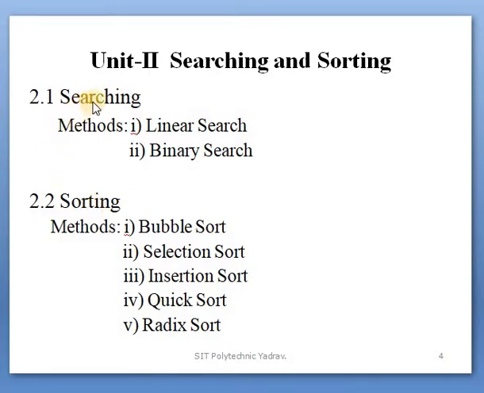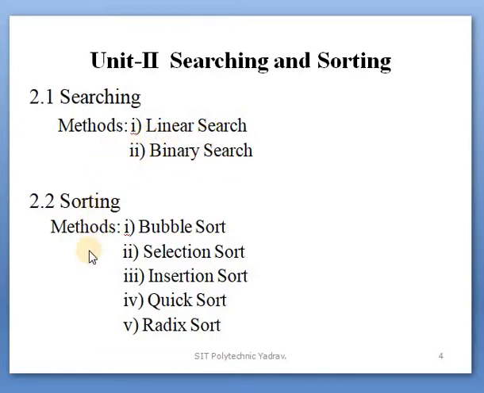In 2.1 searching there are some methods or techniques or types. In 2.1 searching the methods are: first linear search and second binary search.